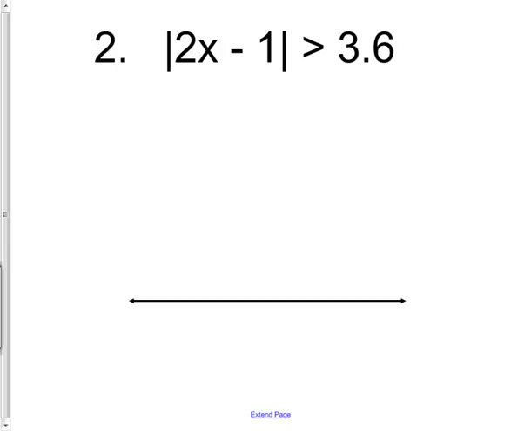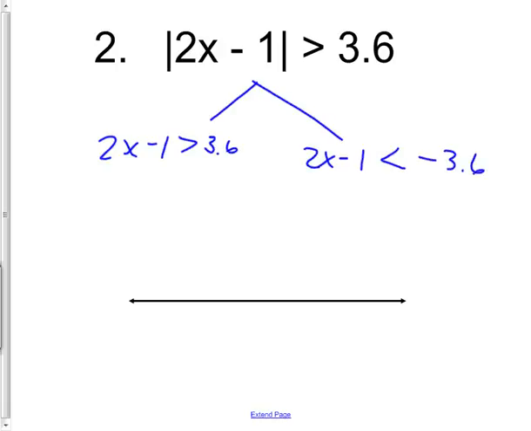Absolute value of 2x minus 1 is greater than 3.6. Now I'm going to split it. 2x minus 1 is greater than 3.6, and 2x minus 1 is less than negative 3.6. Don't forget to flip the sign. Solve both sides.